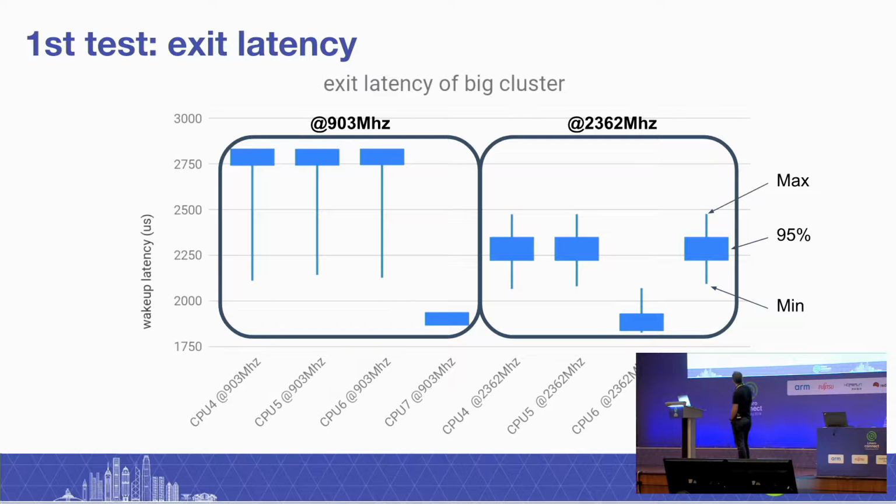So you can see a difference between the highest and the lowest OPP, but not that much. We are around a bit less than 3 milliseconds, so it's microseconds. But most of the time, it's not really linked to the frequency of the CPU. It's probably some hardware stuff, powering up some power domain or locking some PLL, something like that.